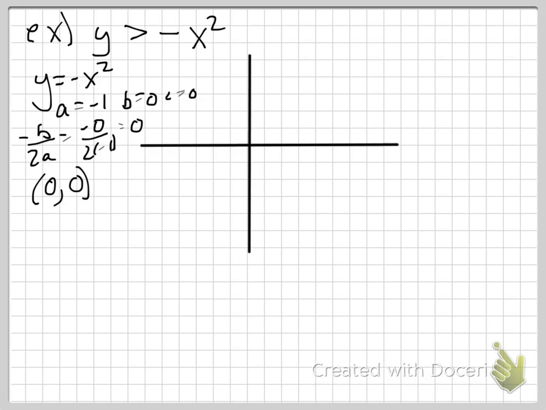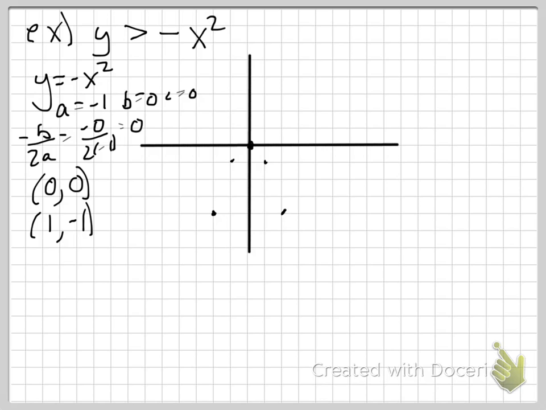So my vertex is at 0, 0. And this is going to open downwards. Remember, if there's a negative in front, it's going to open downwards. If I plug in a 1 for x and square it, there's a negative in front, making the output negative 1. So 1, negative 1. And then using symmetry, I'd get that point. I think if we plugged in 2, we would get negative 4. And using symmetry, I would get that point.